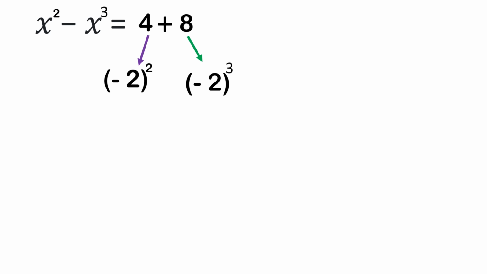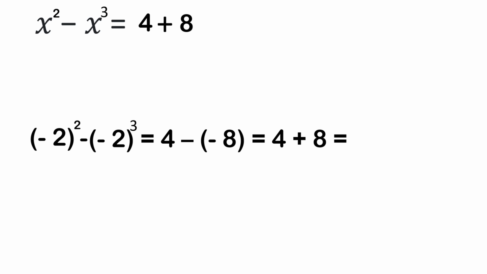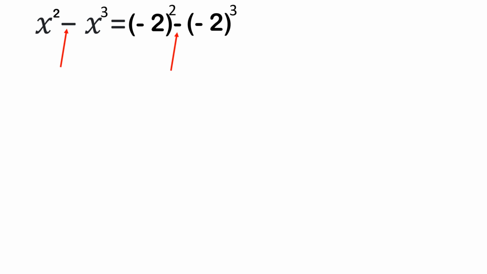So negative 2 whole cubed equals negative 8. So negative 2 whole squared minus negative 2 cubed becomes 4 minus negative 8, or plus 8, which is 12. Excellent. Thus, it is clear that one of the answers to this question will be minus 2.